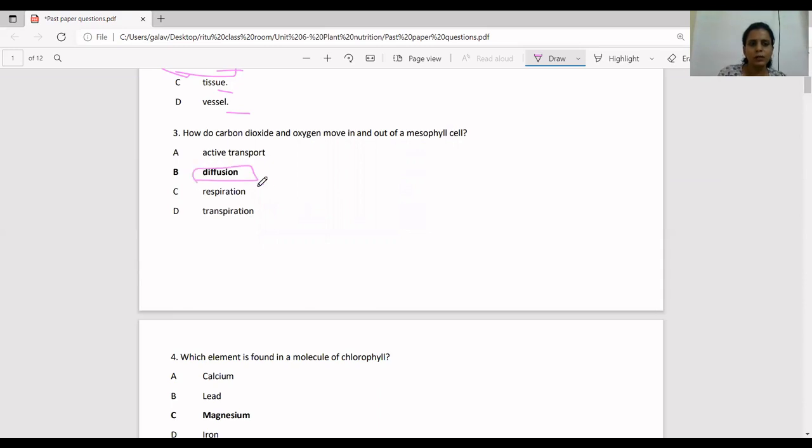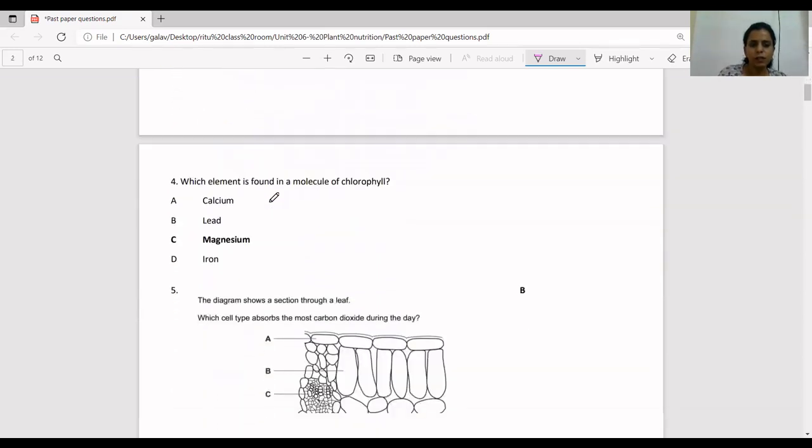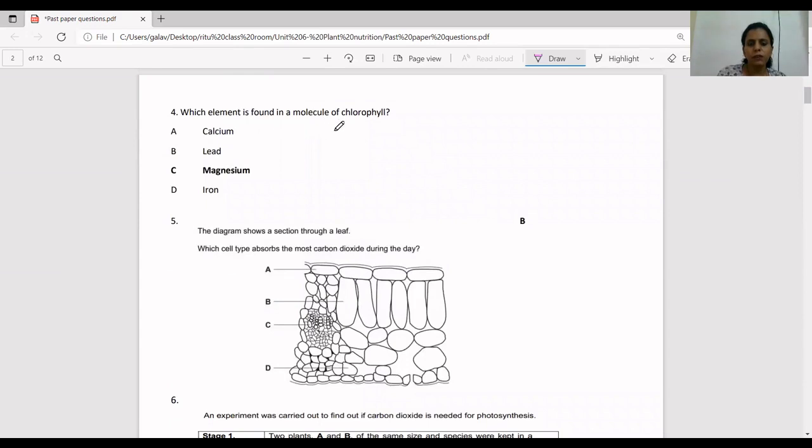So the correct answer is option B, diffusion. Question 4, which element is found in a molecule of chlorophyll? We have studied mineral requirements in plants, and we know that chlorophyll formation requires the element magnesium. So magnesium is important for the formation of the chlorophyll molecule.